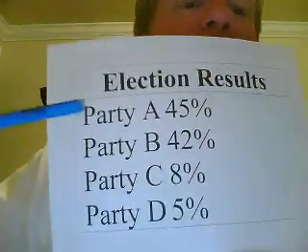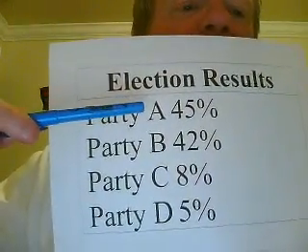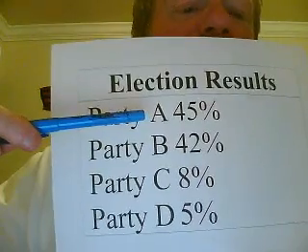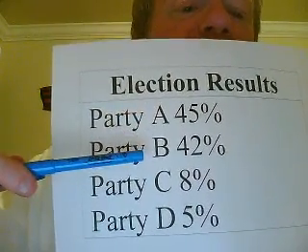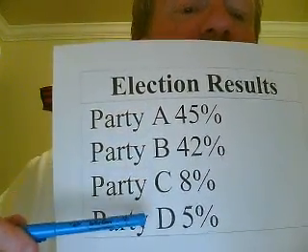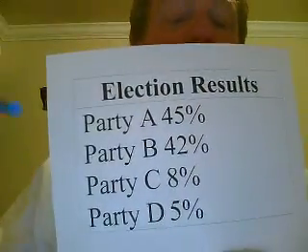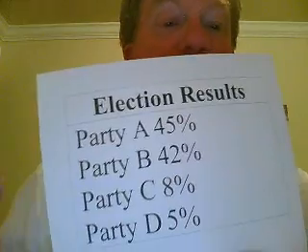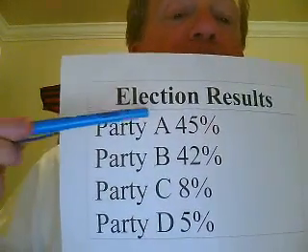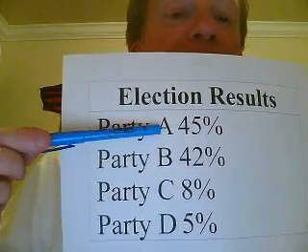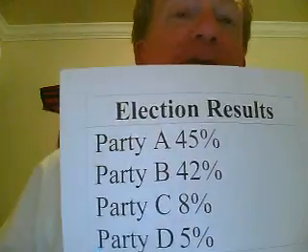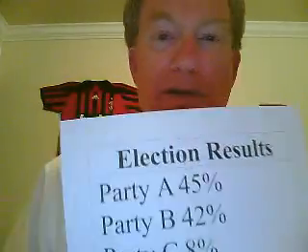In this pretend election, the candidate for Party A got 45%, Party B 42%, candidate for Party C 85%. Here's the difference. Under the plurality system, which is used in most U.S. elections, this candidate is the winner. End of story. The election's over.